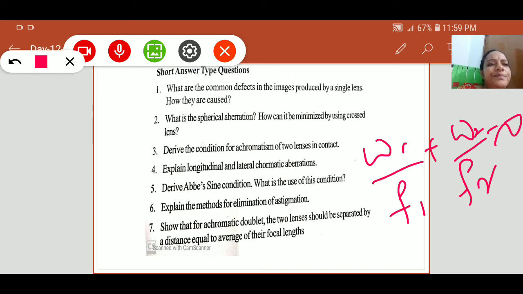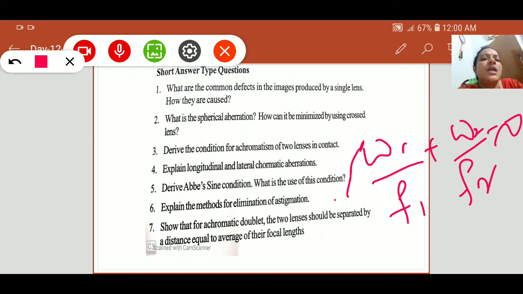Next, derive the Abbe sine condition. What is the use of this condition? Just now we have discussed, just now means in yesterday's class we have discussed this one. Abbe sine condition is the removal method of coma. What is the use of this condition?